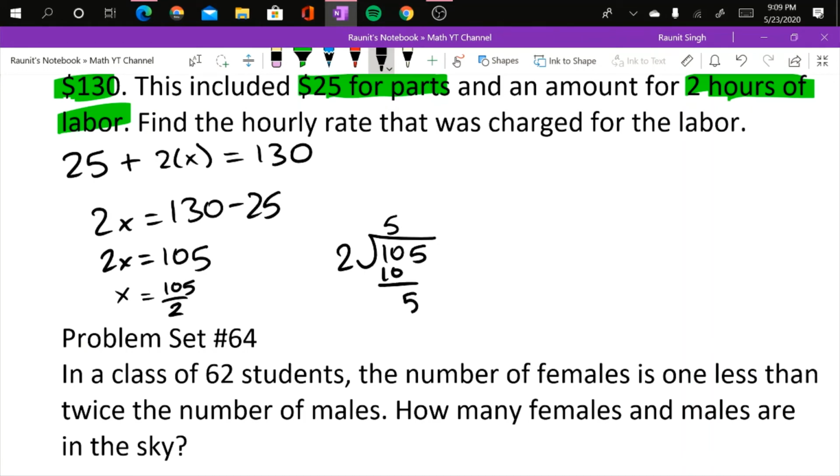Then it's 52, since you can divide it, and you would have a remainder of 1. Then you put a decimal point there, add a 0, and then you have 10 divided by 2, which is equal to 5. So the hourly rate is $52.50. That is the hourly rate.